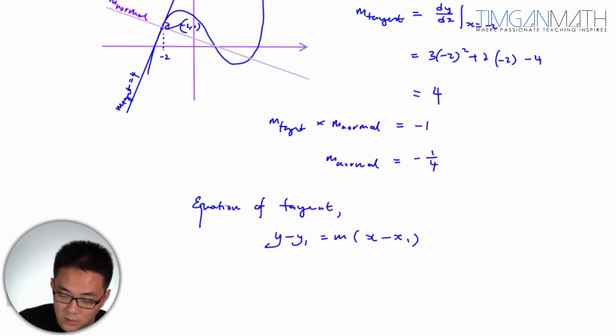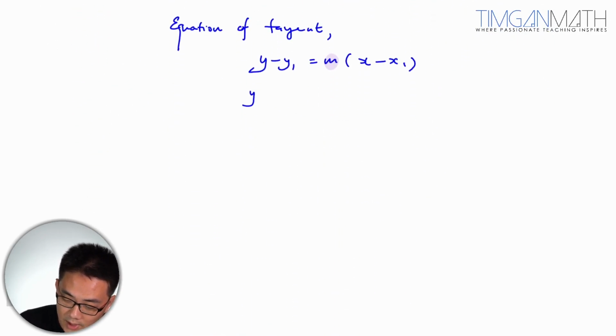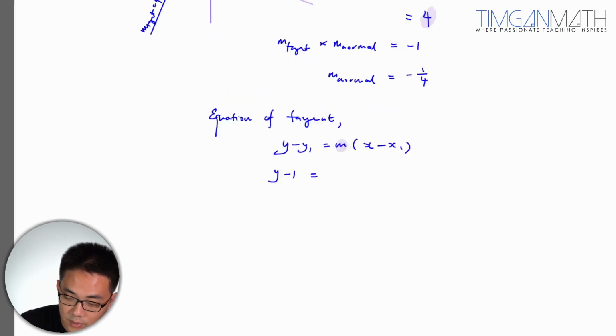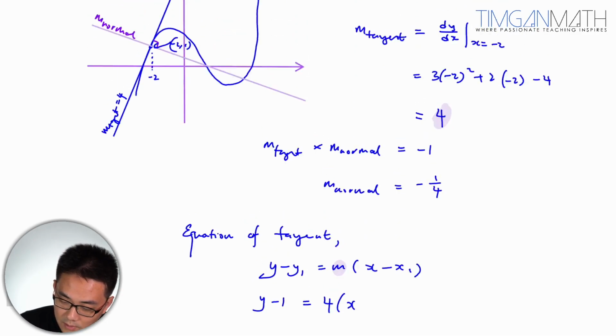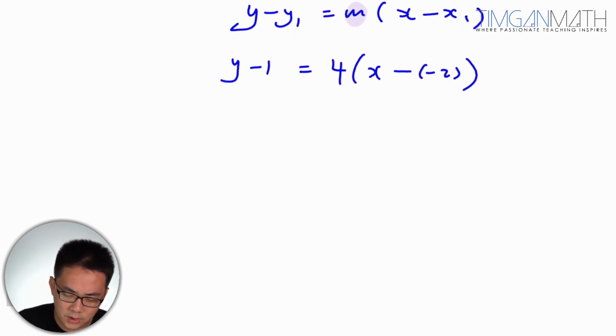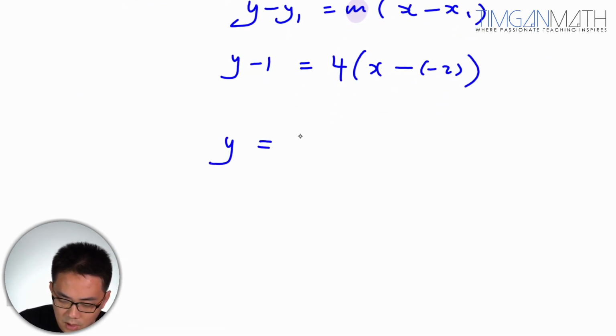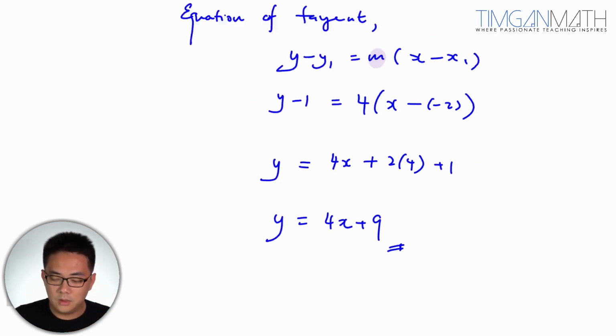For the equation of the tangent, y minus y here, which is 1, the tangent gradient will be 4, so this is 4(x minus -2). So there you go. This is actually y equals 4x plus 8 plus 1, which is y equals 4x plus 9. So this is the equation of the tangent.